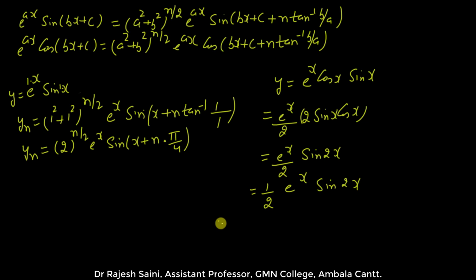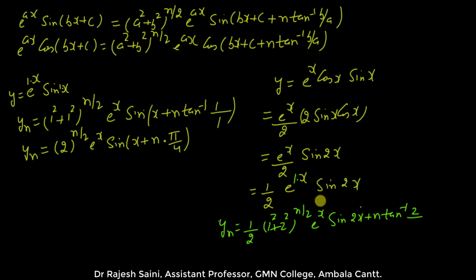Now I am going to write its nth order derivative yn. The coefficient of x in the exponential is 1, and the coefficient of x in the sine is 2. So the nth order derivative will be (1 square plus 2 square) raised to the power n by 2, e raised to the power x sin(2x plus n times tan inverse of the coefficient of x in sine, that is 2, divided by the coefficient of x in the exponential, that is 1).